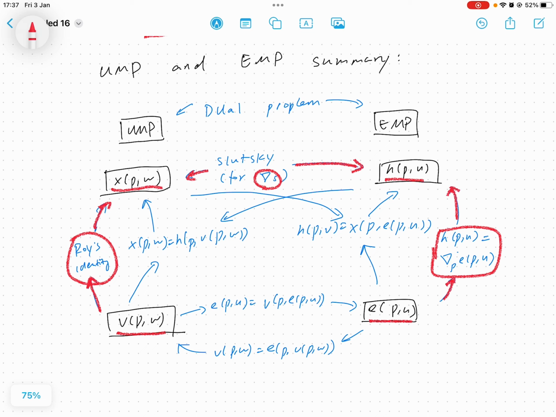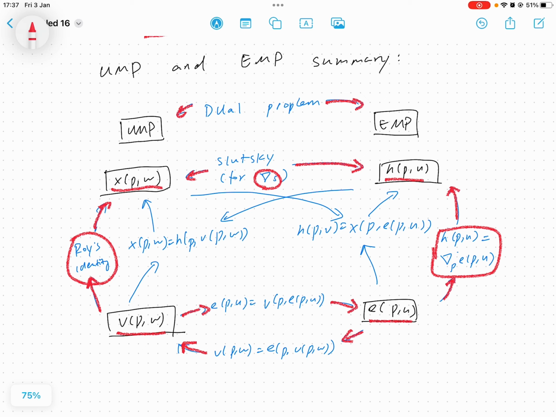That was also a result we obtained today. On the bottom here, we have previously already known this, and it is not difficult to prove if you're interested. We can always represent this expenditure function using the indirect utility, or the other way around.